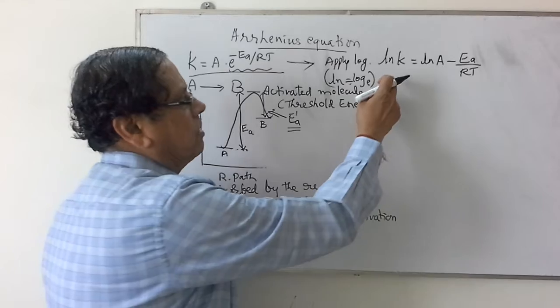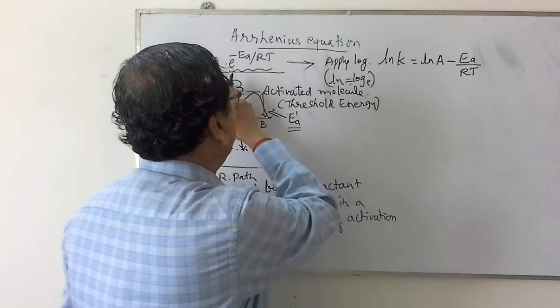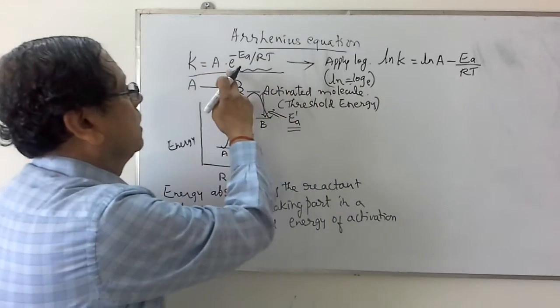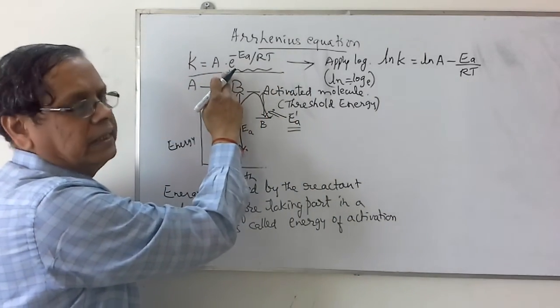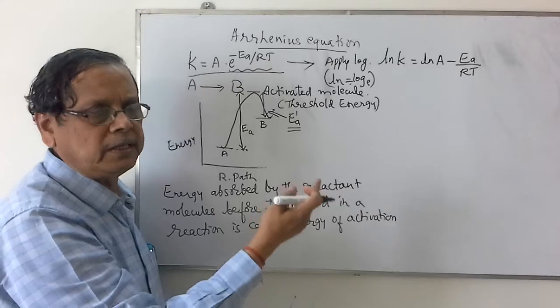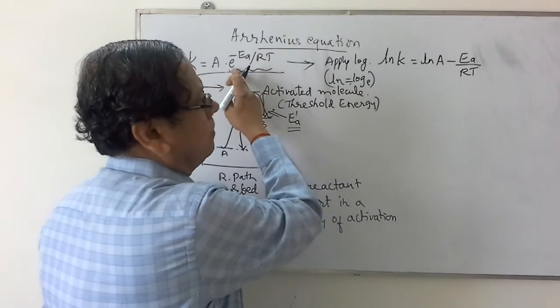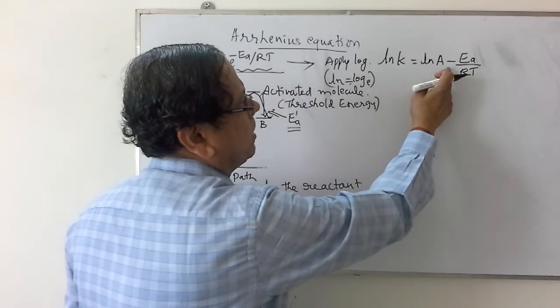When we take this logarithm to the base e of k, it will become ln A - Ea/RT, because ln e, or log e to the base e, is equal to 1.